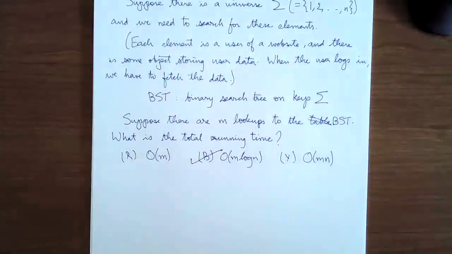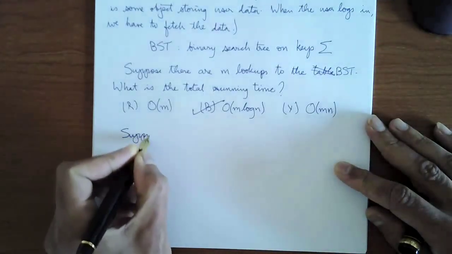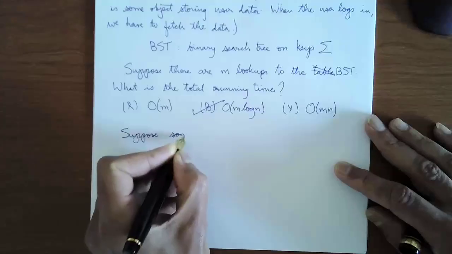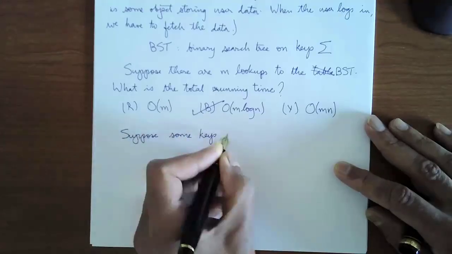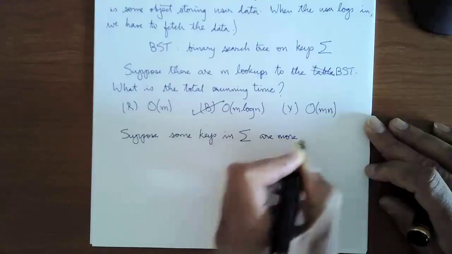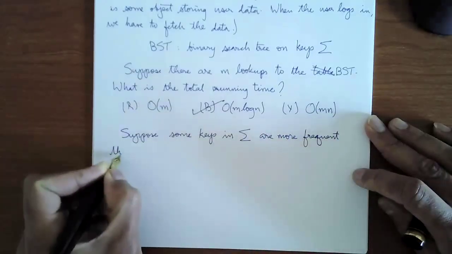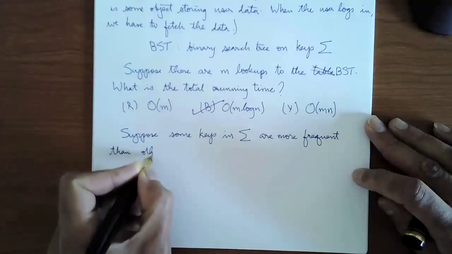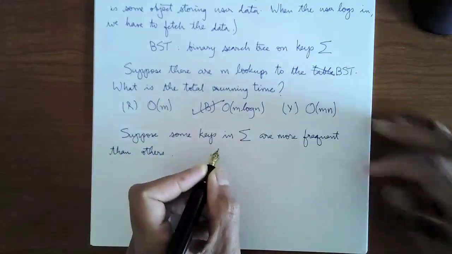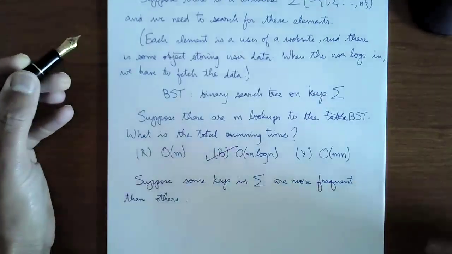And so we know that this is the best you can do in general. But suppose some keys are more frequent than others. So this is actually an important problem. Think of it as, let's say you know that there are some users who tend to log in a lot more frequently than others.